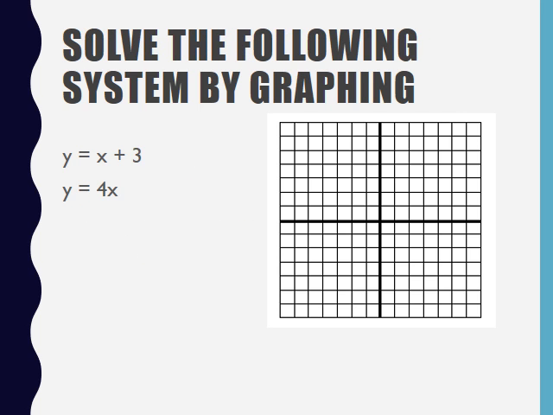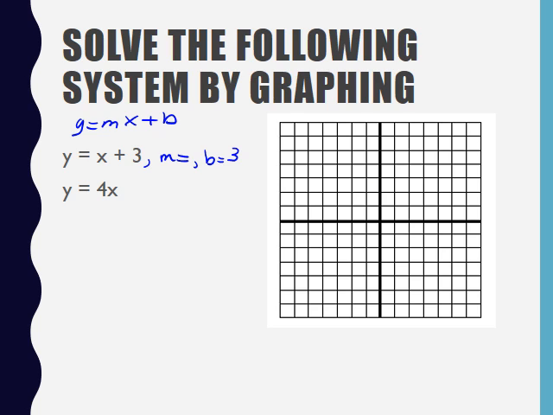All right, so in this case, we have both of our equations in slope-intercept form. Remember, that is y equals mx plus b, where m is the slope and b is the y-intercept. So in this first equation, there's nothing in front of the x, so it's 1, and then our y-intercept is 3.